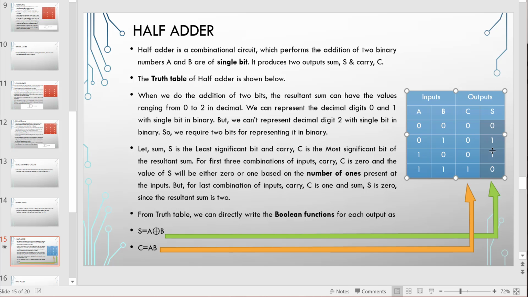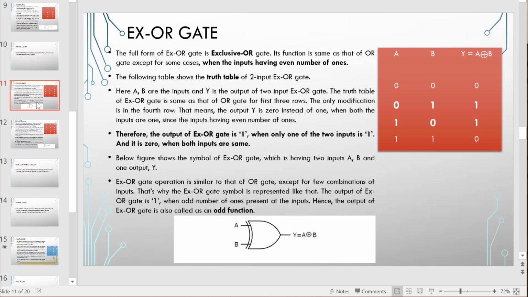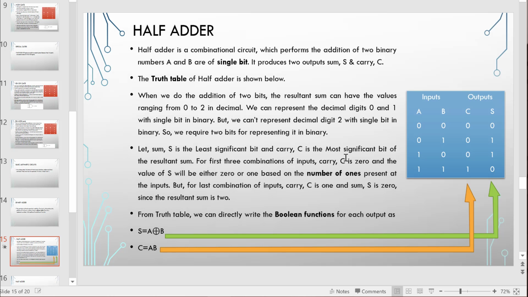So it is the expression of the exclusive OR gate, right? As we have seen, the exclusive OR gate has the expression A plus B, and with inputs 0 1 and 1 0, we have the same behavior as we have seen here, right?